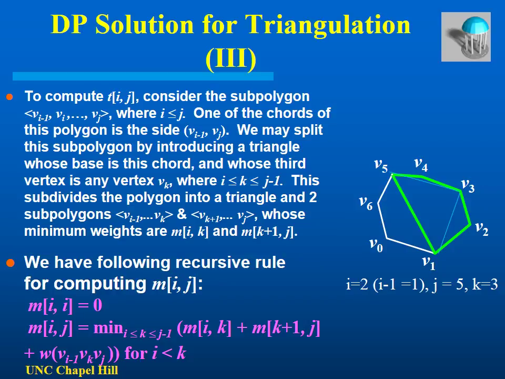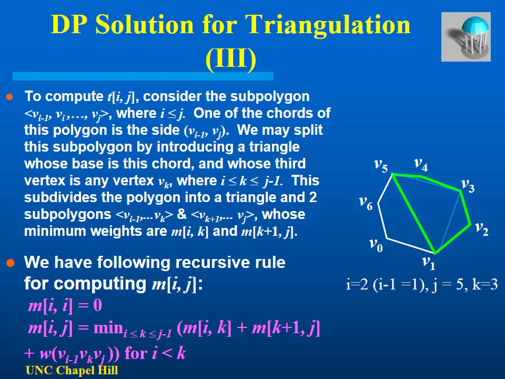So it could go to v2, v3, or v4: k equals 2, k equals 3, or k equals 4. In this example, k is 3, and we have the v1, v3, v5 triangle.